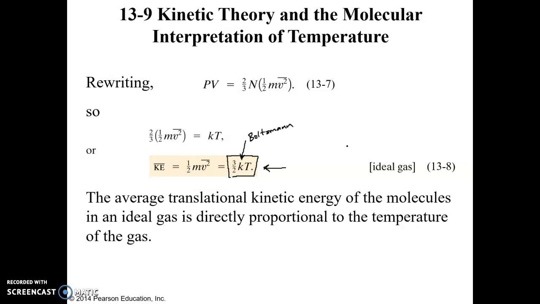So essentially what we can see from this is if the temperature goes up, then the kinetic energy goes up. And if the temperature goes down, the kinetic energy goes down, which we'd kind of already talked about. Like if you have a gas at a relatively low temperature, the molecules are going to be relatively close together and not moving very much.